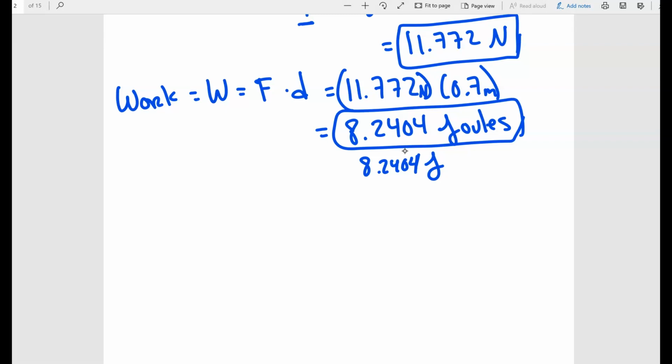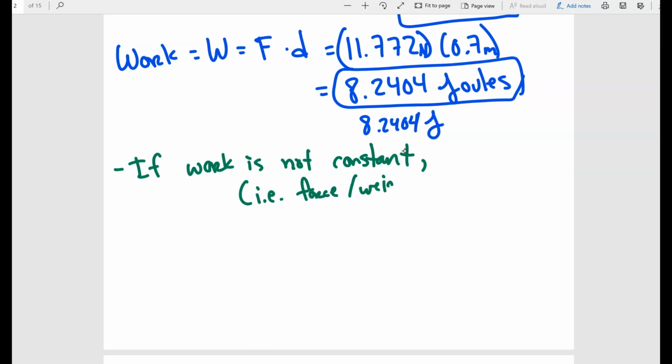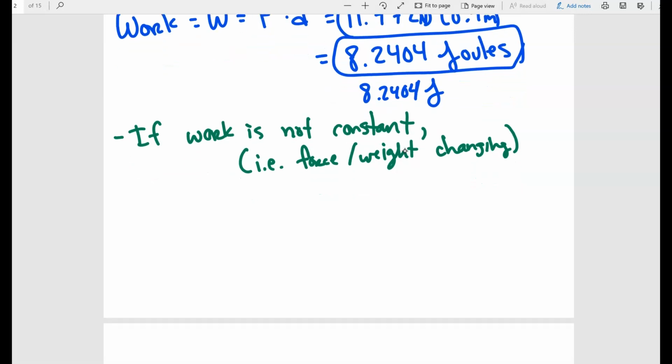So if work is not constant, usually what happens is maybe the force or the weight is changing at every particular distance. Then the work is going to be a little bit different. The work is basically going to be equal to the integral from A to B of the force dx, where A and B is how far I am traveling.